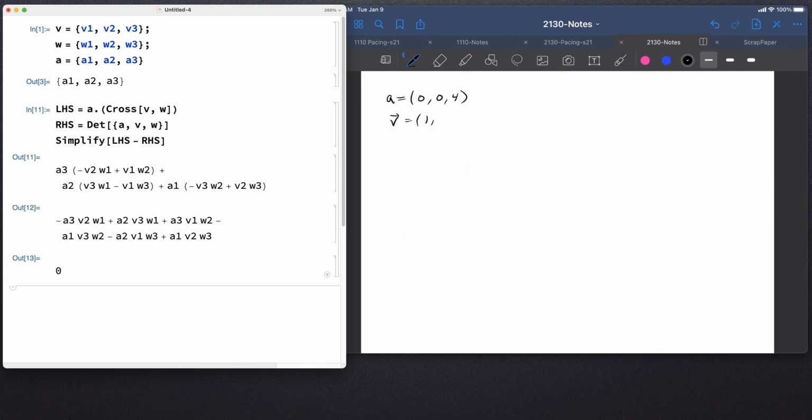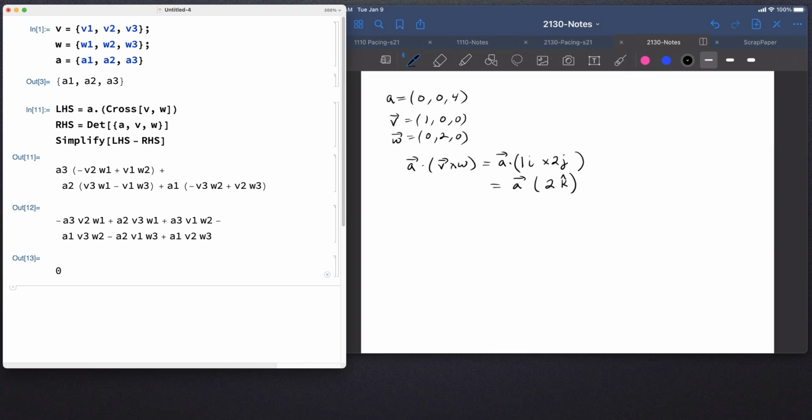Let's say that you get 1, 0, 0, and let's say the vector W is 0, 2, 0. So if I compute A dot producted V cross W, what we're going to find is that V cross W, if you do the determinant of that thing, we're essentially doing 1I cross producted with 2J, which is going to be 2 times the vector K, if you do that computation out.